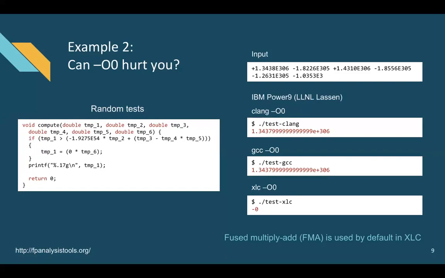So when we use XLC, even when we're doing O0, this compiler tries to generate FMA operations whenever it can, whereas Clang and GCC don't do it, because they think that when we say O0, we mean we don't want FMA. And that's the main reason we have this result. So to have the same numbers in the three compilers, we need to tell XLC that we want O0 and that we don't want FMA. So that's another thing to keep in mind.